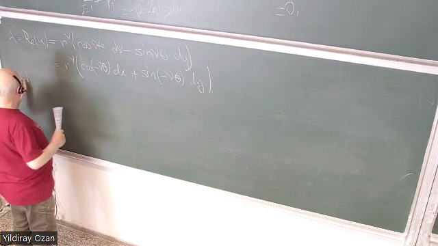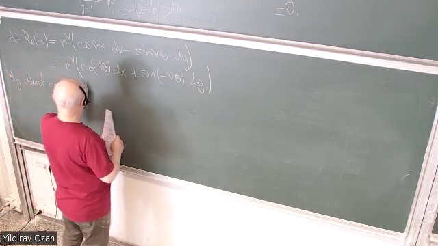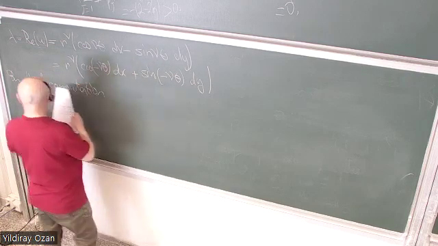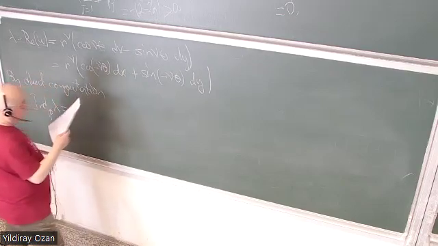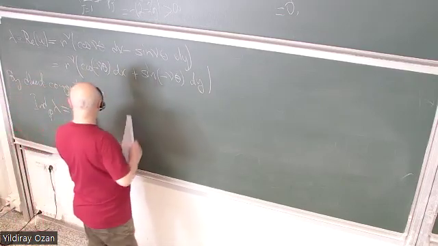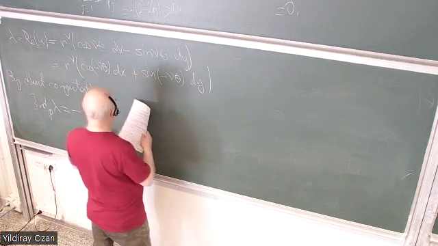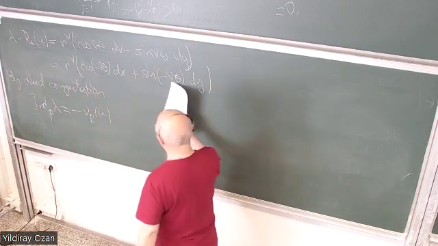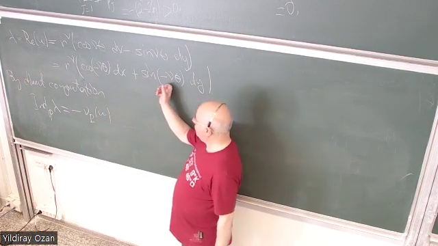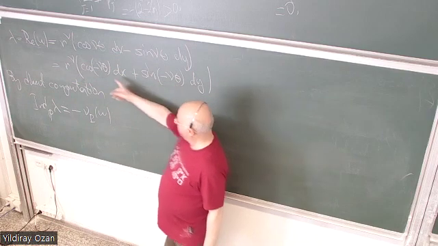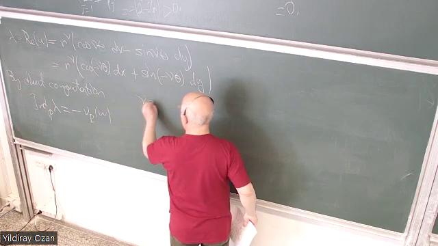By direct computation, the index of lambda is just minus this number. You see, suppose nu is 3.